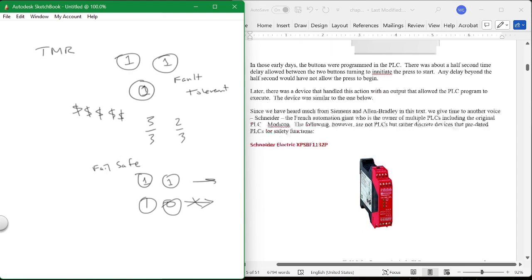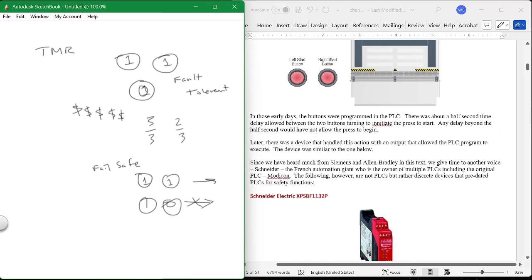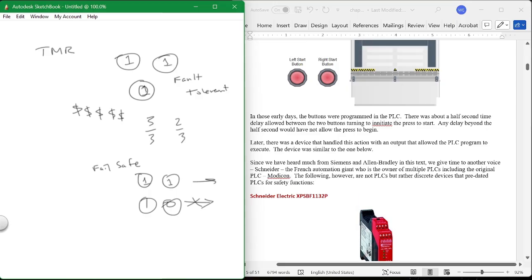Now, later on, they came along and they made you do this. What is this? This is a specialty little card that does the same thing as that, except this is guaranteed to work. In other words, it's a fault tolerant circuit. But this is fault tolerant for just one device, and it's basically that device right there.